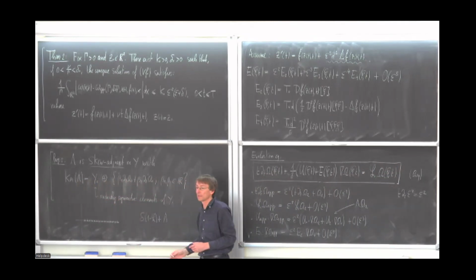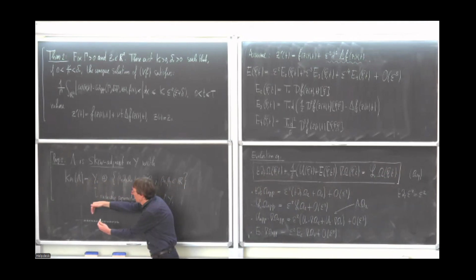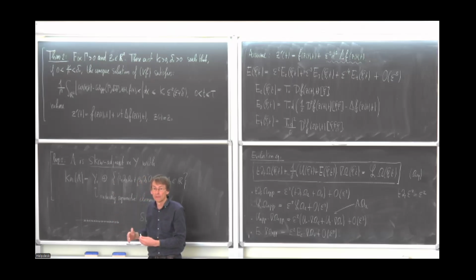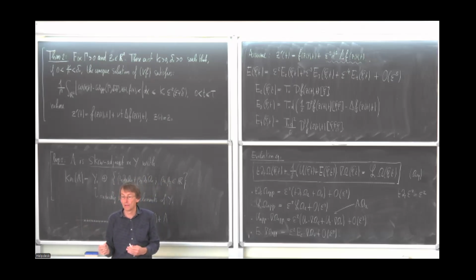Now you have a skew symmetric perturbation. Eigenvalues can move only to the right. Okay? They become complex, but they cannot move to the left. So you never have any hyperbolic instability. It's impossible when the generator is self-adjoint plus skew adjoint. Just impossible.